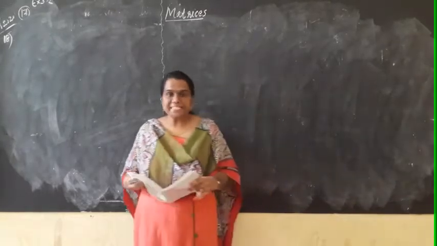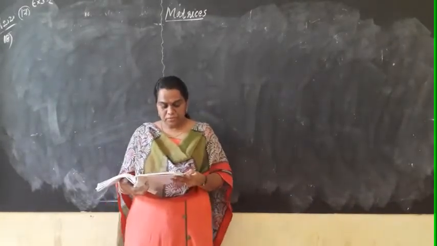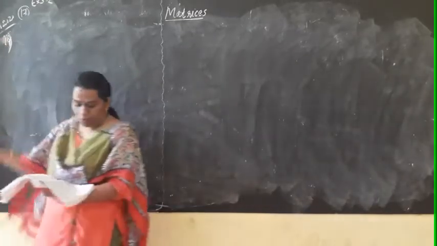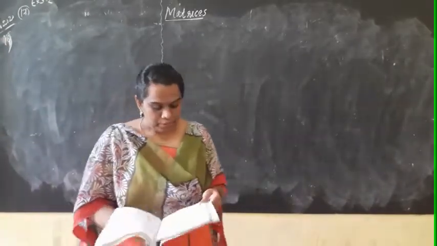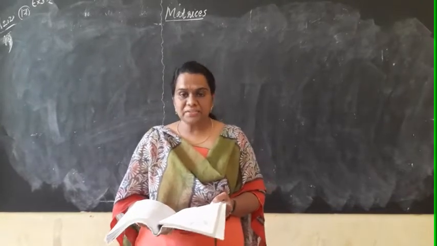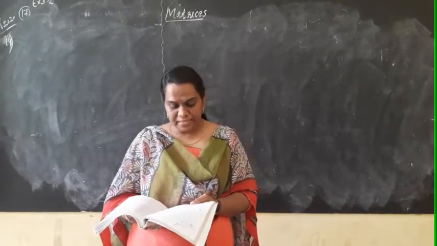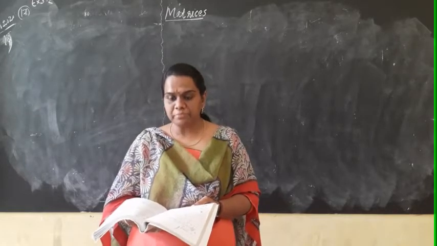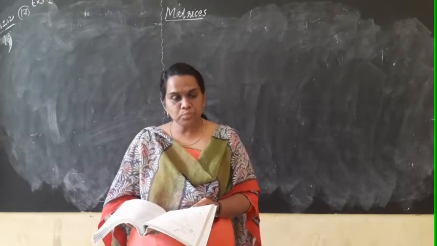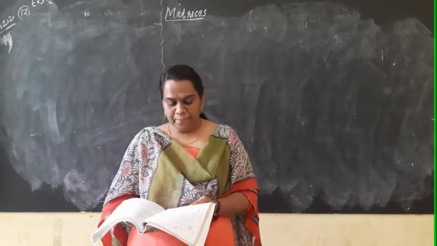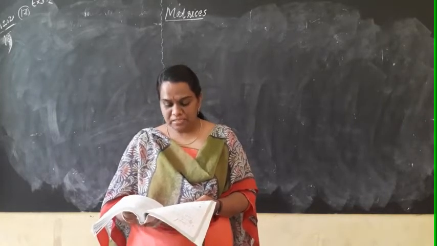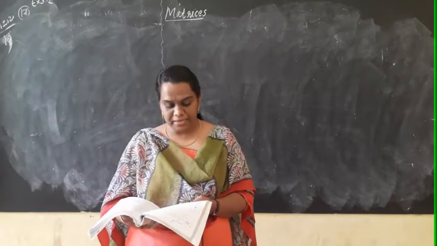Now we can discuss question number 19 of exercise 3.2. A trust fund has rupees 30,000 that must be invested in 2 different types of bonds. The first bond pays 5% interest per year and the second bond pays 7% interest per year.